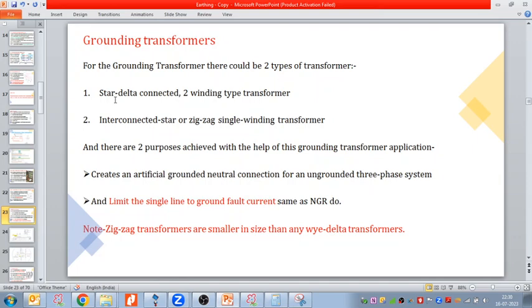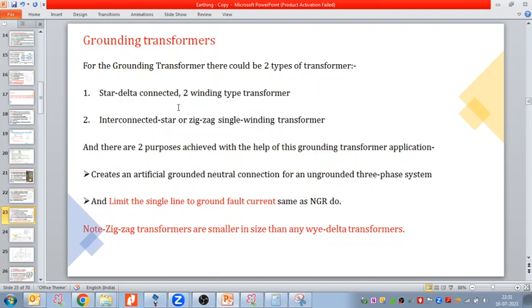Another could be an interconnected star, called the zigzag single winding transformer. Two options are available in the case of the NGT, and two purposes are achieved with this grounding transformer. First, it creates artificial grounding. Second, it limits the single line to ground fault current, same as NGR does.